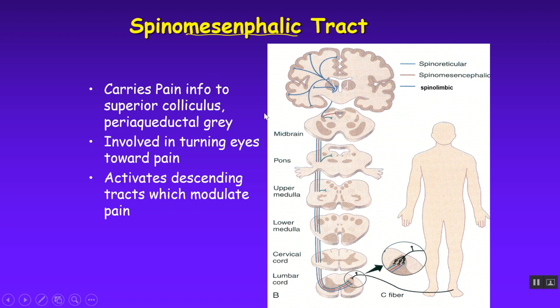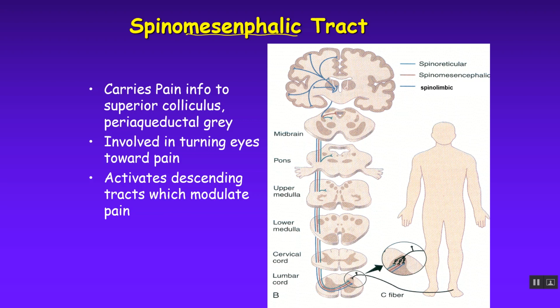It carries information to two regions in the midbrain, to the superior colliculus, which, this cross-section through the midbrain is at the inferior colliculus, but the little red one there is going to the periaqueductal gray. There's a little bit of gray matter right around the cerebral aqueduct that's going through the midbrain. And then the superior colliculus is just a little bit above that. A branch of it goes to the superior colliculus.